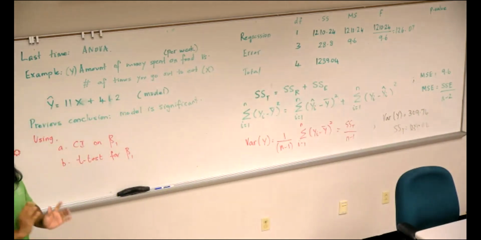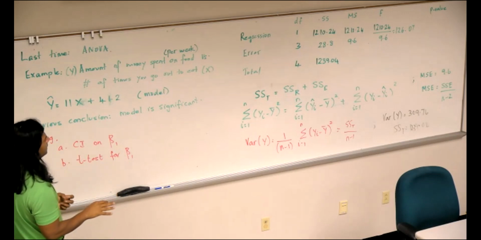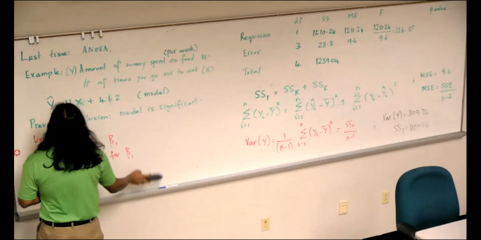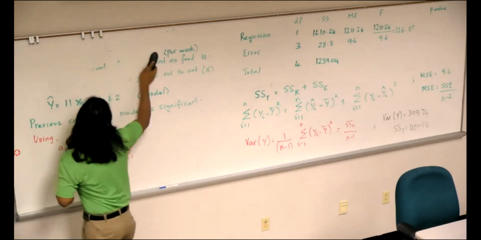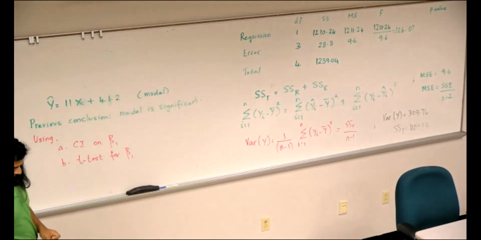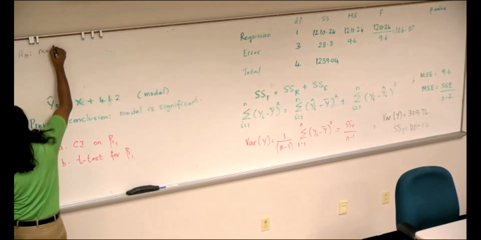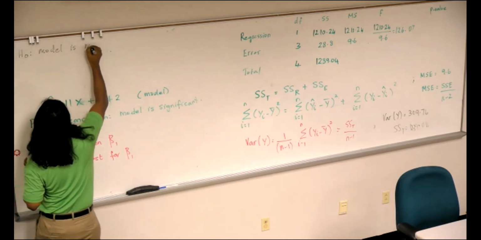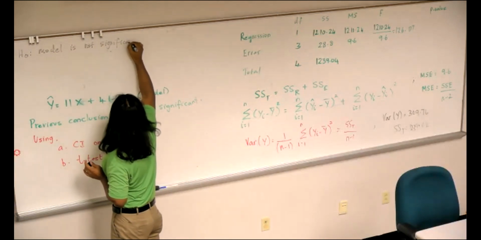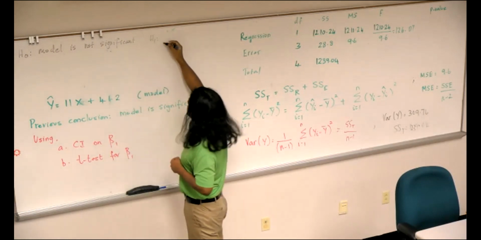Based on what I ended with last time, I drew the F distribution. Do you expect to reject the null? Null being model is not significant. Alternative, model is significant.